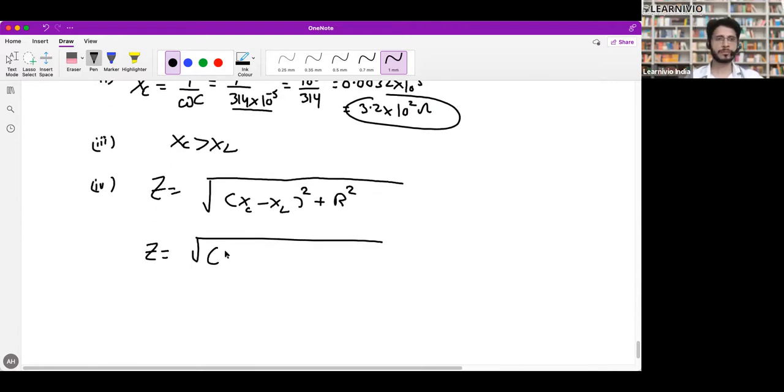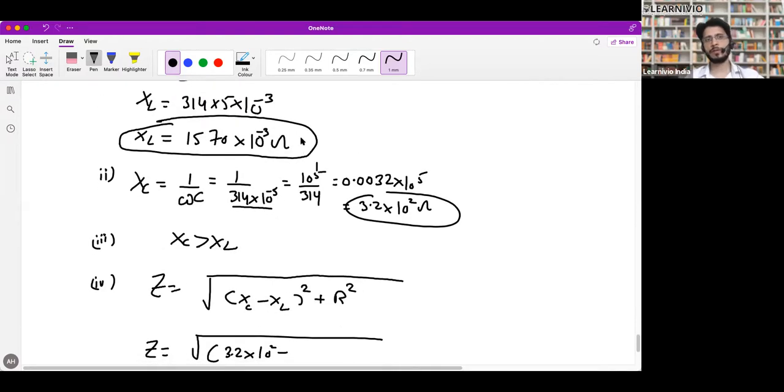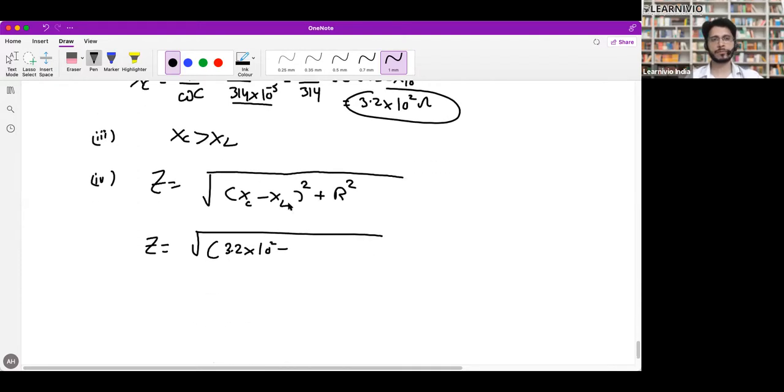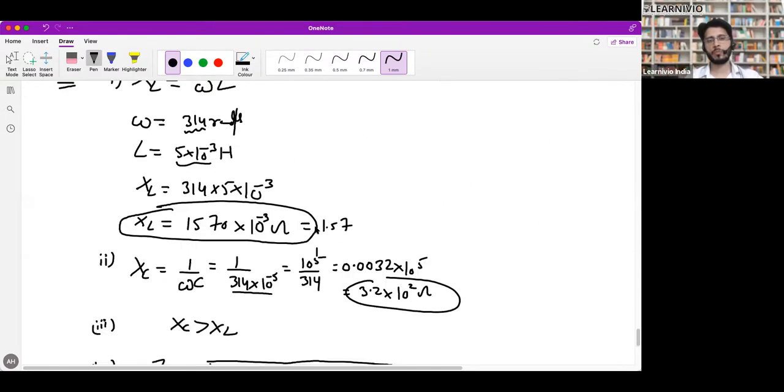So XC is 3.2 into 10 raised to the power 2 minus XL, which is, see, 1570 into 10 raised to the power minus 3, meaning 1.57. Whole square plus R square. How much is resistance? 10 ohm, plus 10 square.